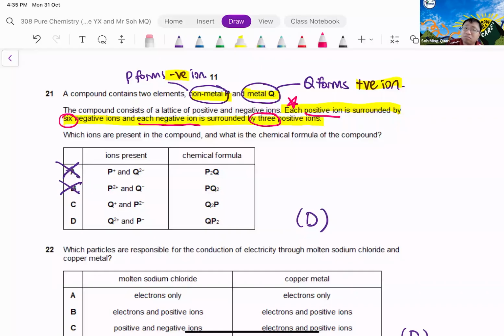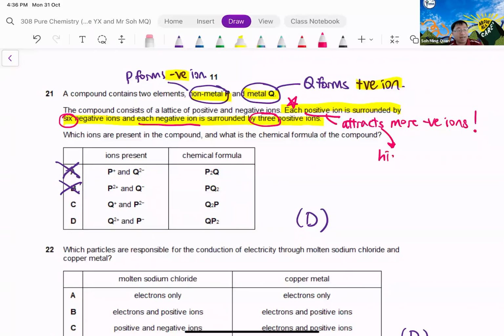So what does this mean? Which one is more powerful in attracting stuff? Which one attracts more? The positive ion attracts more negative ions. That's why each positive ion is surrounded by 6. It is more attractive. What makes it more strongly attractive?